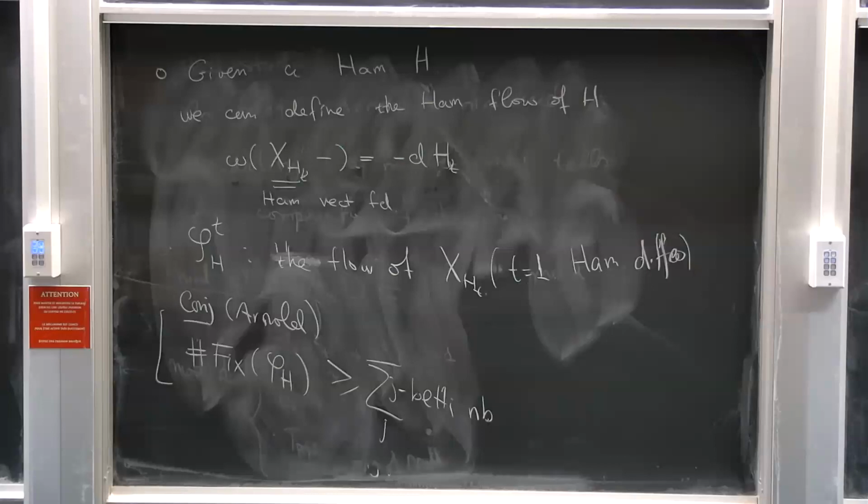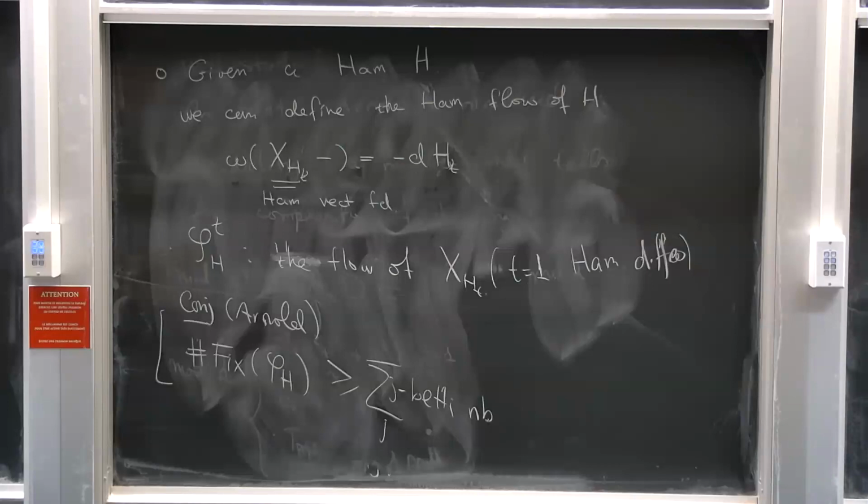So in Morse theory, you start from a Morse function on a smooth manifold M, look at the critical points and build a complex. The complex is spanned by the critical points.